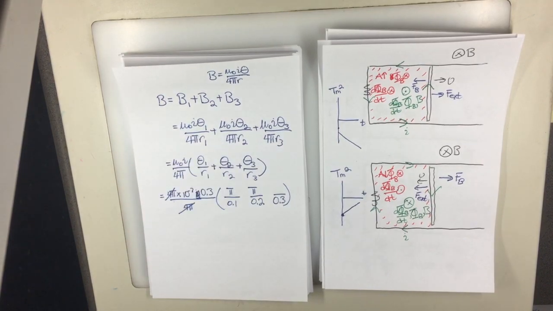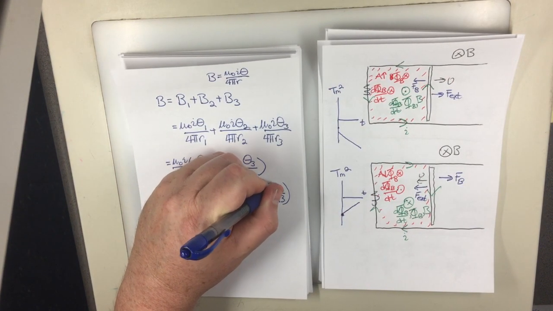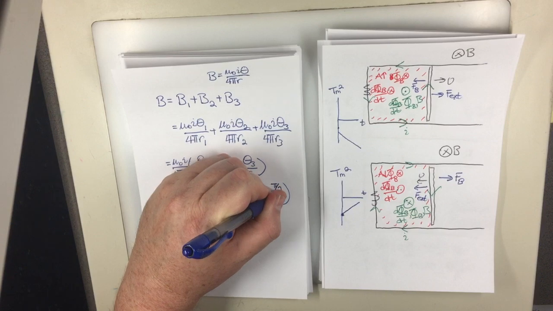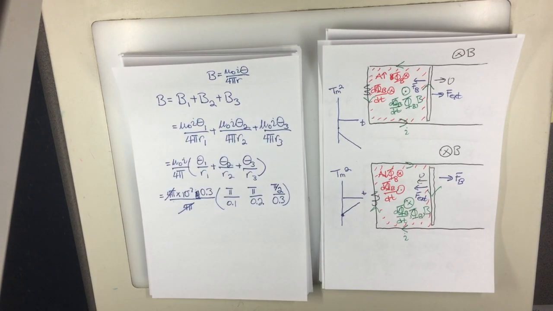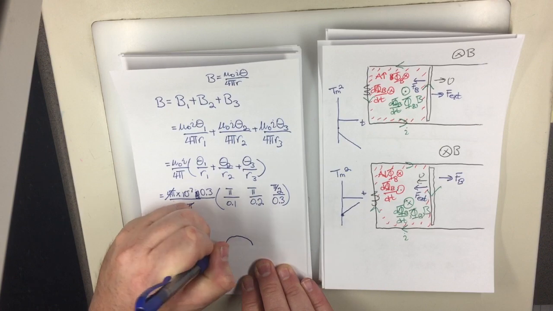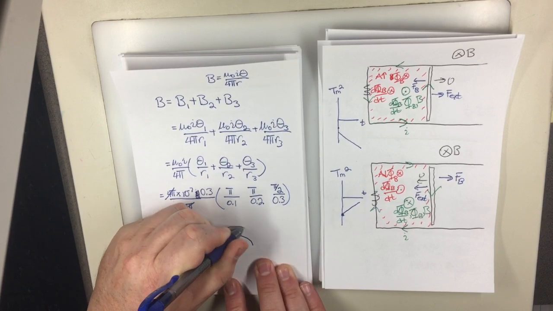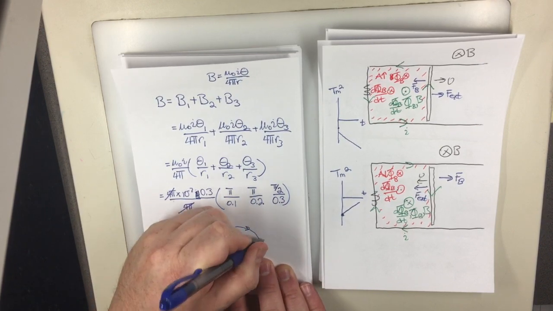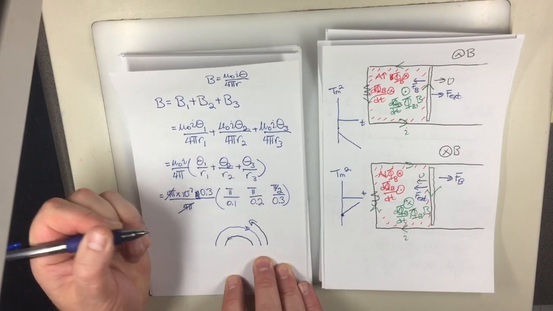You have to use radians in this. The last one is a quarter circle. So 2 pi divided by 4, pi over 2. Now we have everything but the signs. The current loops go counterclockwise, clockwise, and counterclockwise.